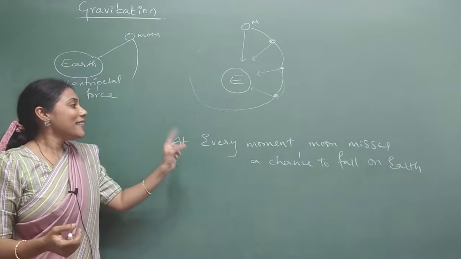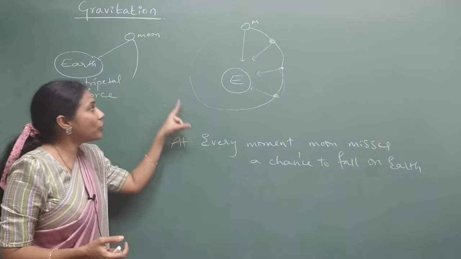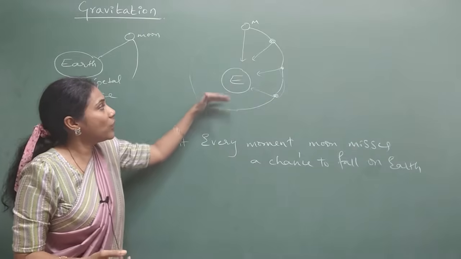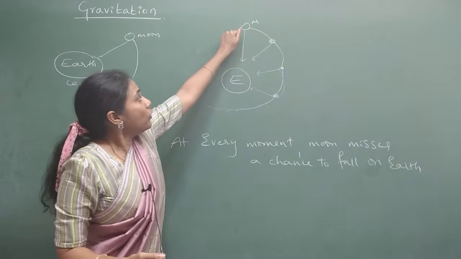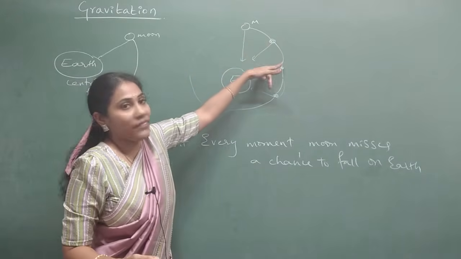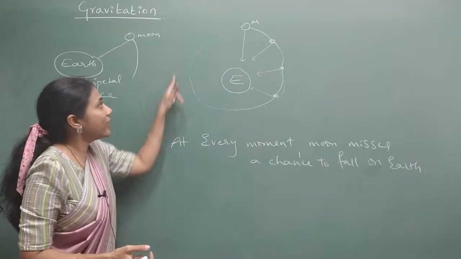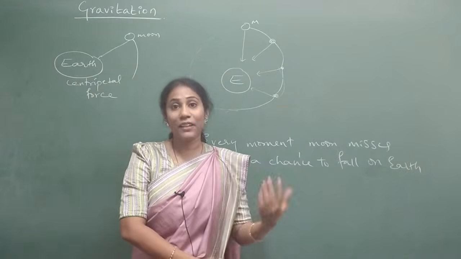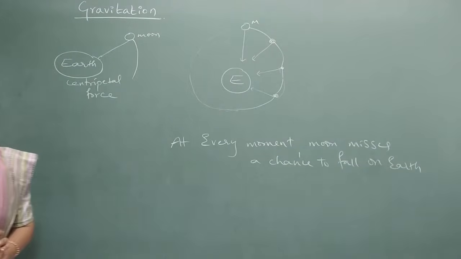So what is the main reason behind the moon rotating around the earth without falling on earth? At every moment the earth will try to pull it towards it, but it will miss its chance and goes the other way. That particular thing is making it rotate in a circular manner around the earth. So this is the explanation for that particular aspect.